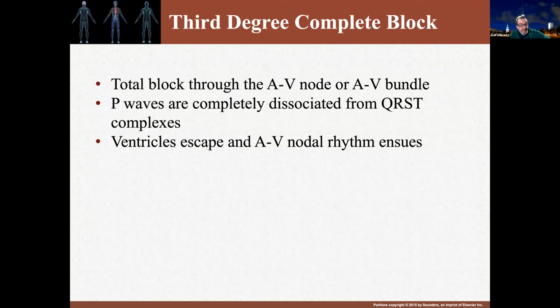Third degree AV block, also known as complete heart block, is a serious condition in which something is causing the blockage of all impulses, preventing them from reaching the ventricles. As the impulse gets blocked completely, pacemakers in the ventricular chambers need to activate the ventricles so the impulse can be generated.